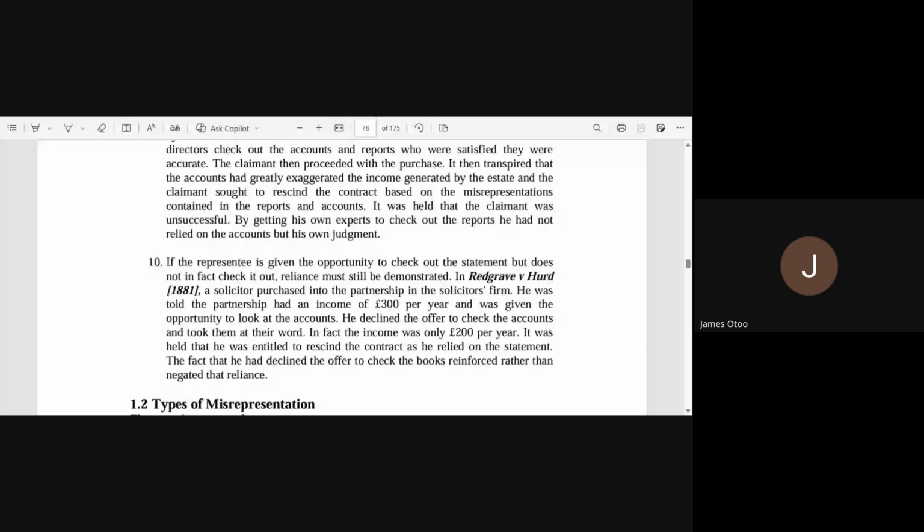I tell you something and you go and verify, meaning that you are not acting based on my statement, but on your own independent judgment.